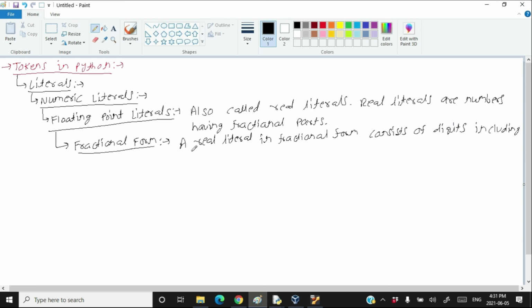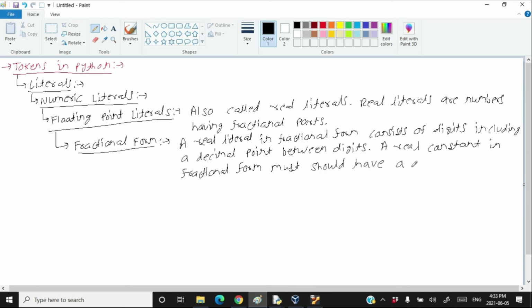The real constant must have at least one digit and one decimal point. It may also have a positive or negative sign preceding it, and a real constant with no sign is assumed to be positive.